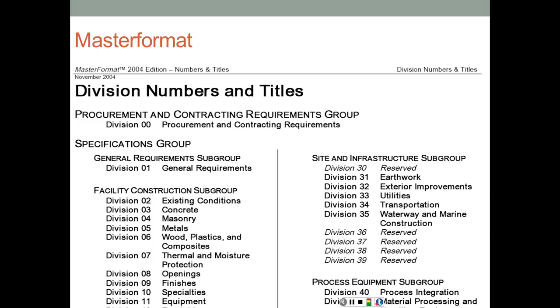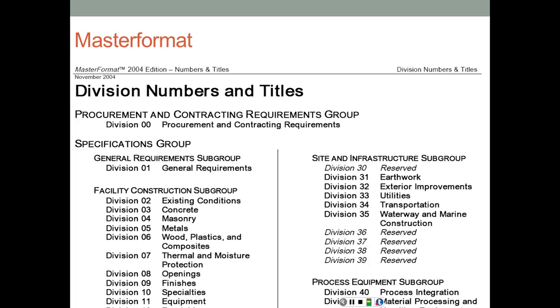Another method which most of you are probably more familiar with is the Masterformat. The Masterformat used to be known as 16 divisions in the past. That is what most contractors are familiar with. And then the Construction Specifications Institute, or the CSI, which is the body that developed both the Uniformat and the Masterformat, came up with a newer format in 2004.